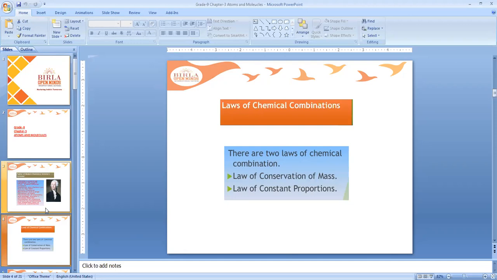But we will not include these electrons, protons, and neutrons when we are talking about the mass of an atom, for example of a hydrogen atom or copper or silicon.